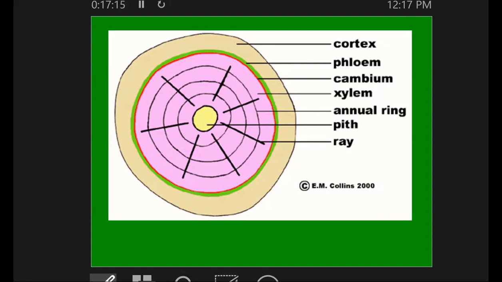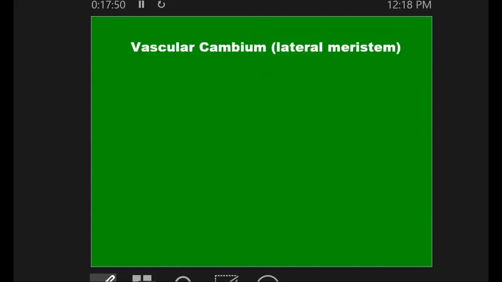If you have a tree trunk in cross section, you can count the annual rings. And depending on the width of the annual ring, that tells you how much growth happened that season. If it's a really wide ring, that means it had lots of growth, which implies really good growing conditions. They had adequate water and their environment was good. Sometimes the annual rings are very narrow, which means they had a tough time growing that season. There's some variations. Different species tend to have different sizes of annual rings, so you have to be careful about that, but you can tell a lot by the annual rings. We'll look a little bit more at that.